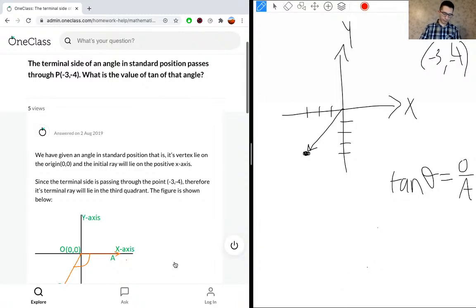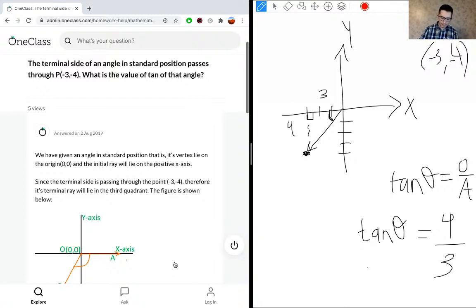Looking at this, we want to look at the angle between the x-axis and the line that I drew. We know that this side is 3 and this side is 4 for this right angle triangle. So tan theta is opposite, 4, over adjacent, which is 3.